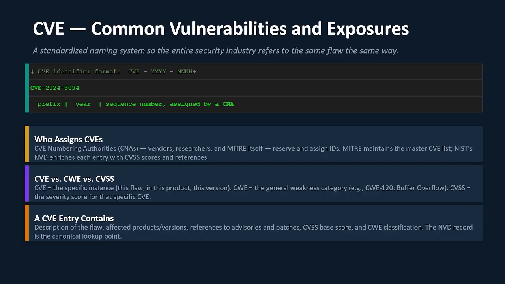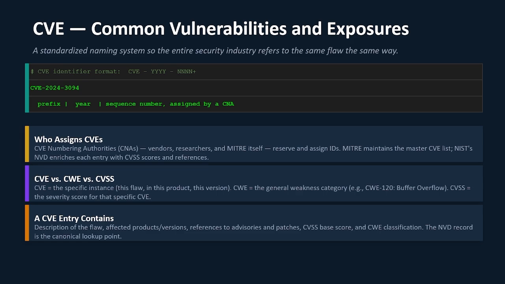And then CVSS is the score for the severity of that particular CVE. Typically a 9 or a 10 is critical, and under a 9 you have high and medium, and there's also, I believe, low and info.